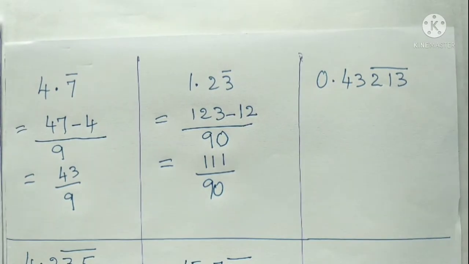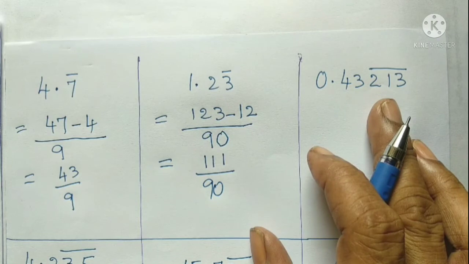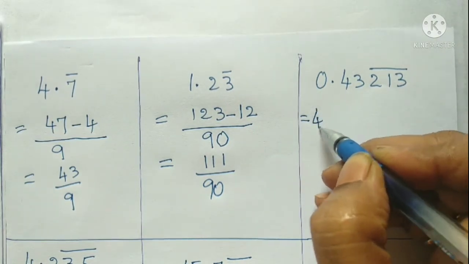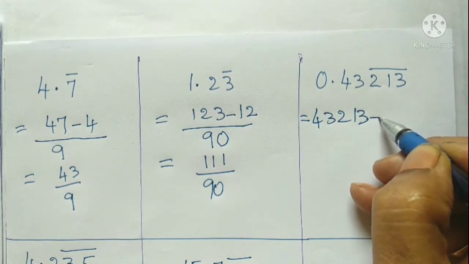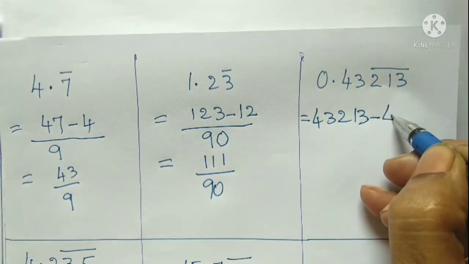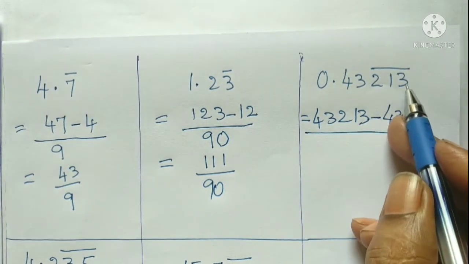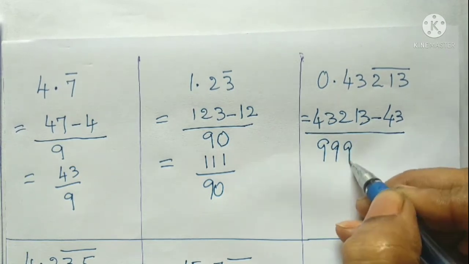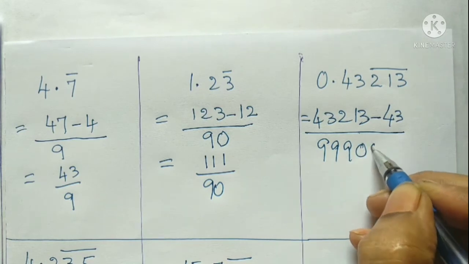Example: 0.43213 bar. The number formed by all the digits is 43213 minus the non-recurring digits, which are 43, by, 3 digits are recurring, so 3 nines. 2 digits are non-recurring, so 2 zeros.